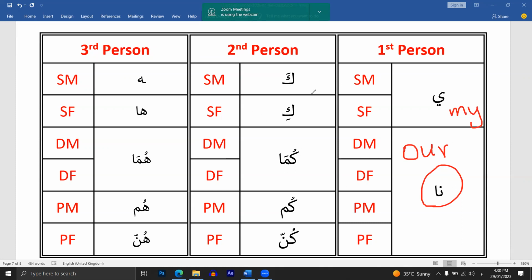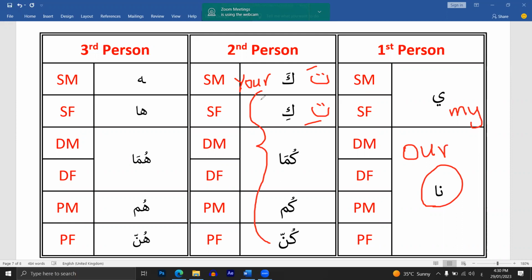And then for second person, we have ka and ki. The same, if you recall, we have ta and ti, ta al-fa'il. So this is how you differentiate between them: ta, ti, ka, ki. Ka means your. Actually, all of them mean your.